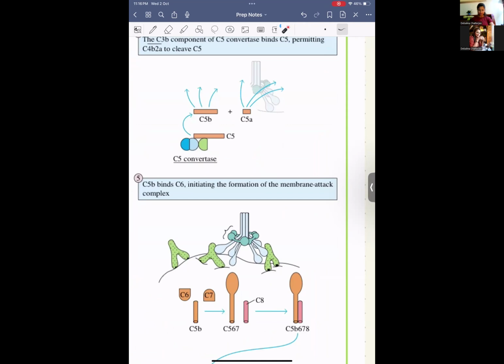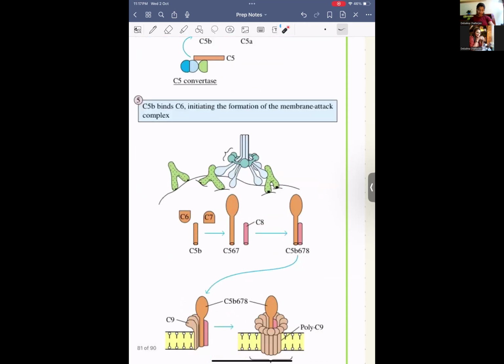The C5b that is formed is joined by C6 and C7. So C5, 6, 7 associate in this manner. This is then joined by the C8 molecule.